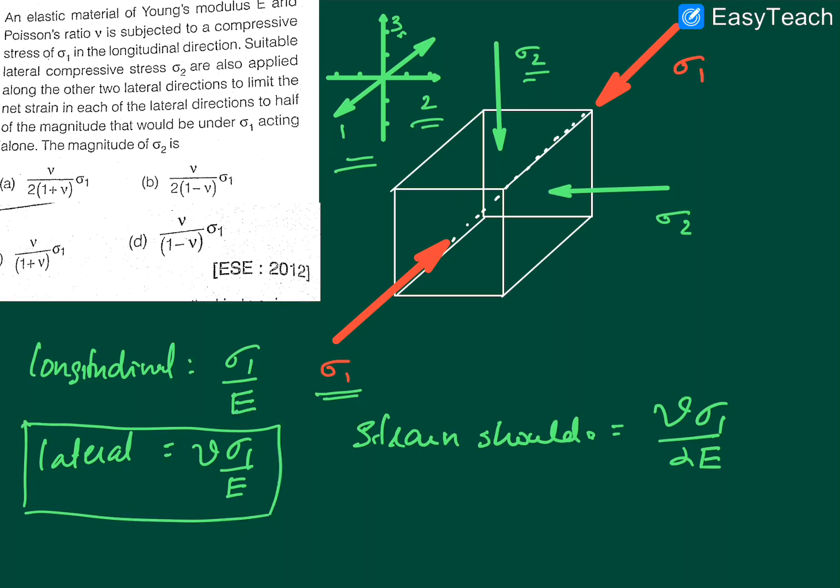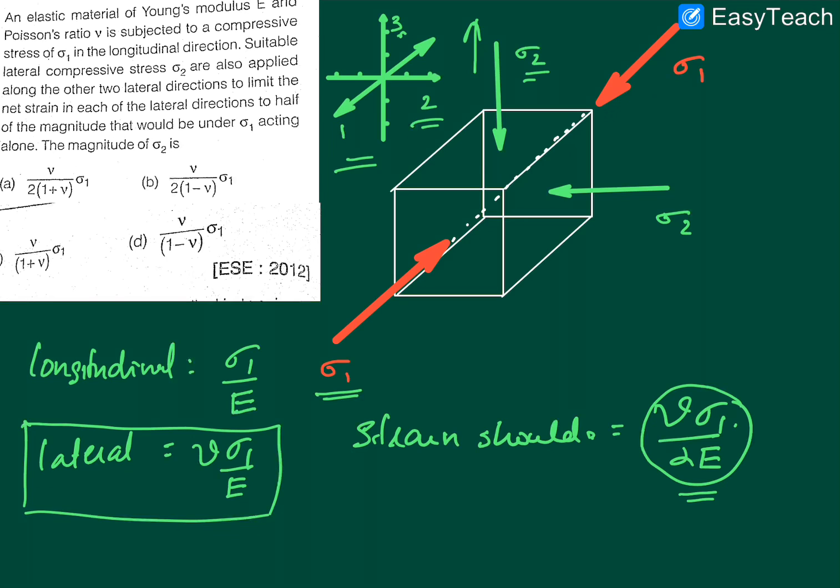Considering the third direction, because of sigma 1 this much strain should be produced. Sigma 2 along the 2 and 3 directions now come into play. Together they cancel half of this value, so the strain produced by the other two should be equal to this one.